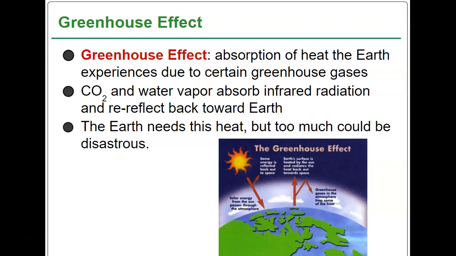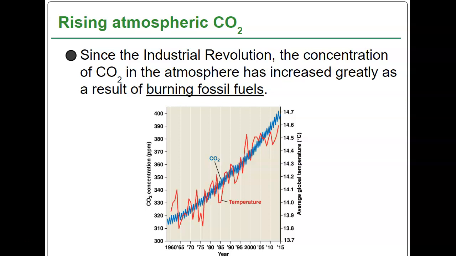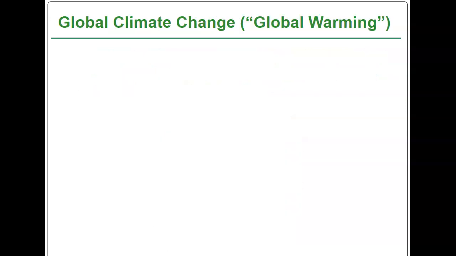And obviously the sun needs heat to be warm and to do our thing. But when we have this collection of gases that basically reflect additional heat back onto the earth, then it can yield things like global warming and have disastrous effects.